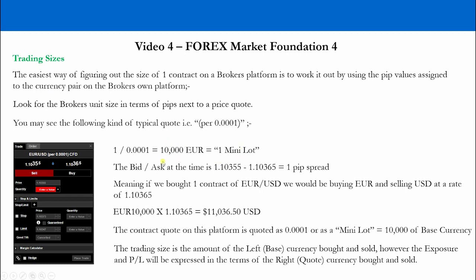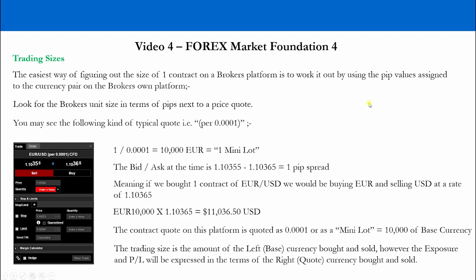And we know that 10,000 in the base currency is equal to 1 mini lot. And the bid/ask at the time in this situation was 1.10355 to 1.10365. So we basically have a 1 pip spread, and we're selling at this price and buying at this price. This is the quote.